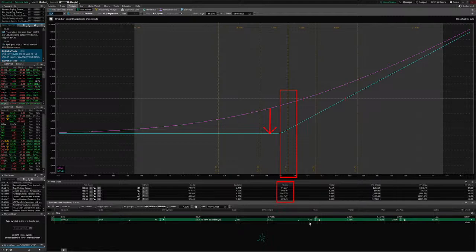So at the time that I put this on, again, this is just an example, the cost of that call was $4.70. So that means that not only do you need Tesla to increase to make money, but at expiration you need it to increase by at least $4.70 just to break even.